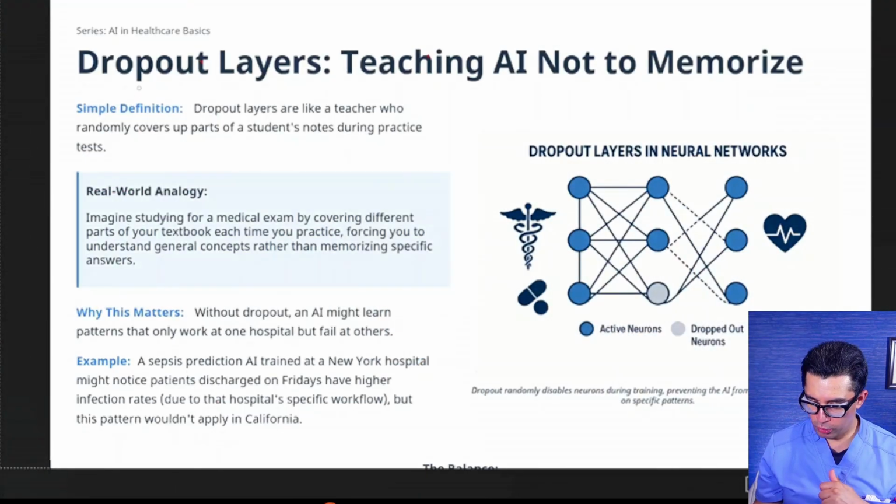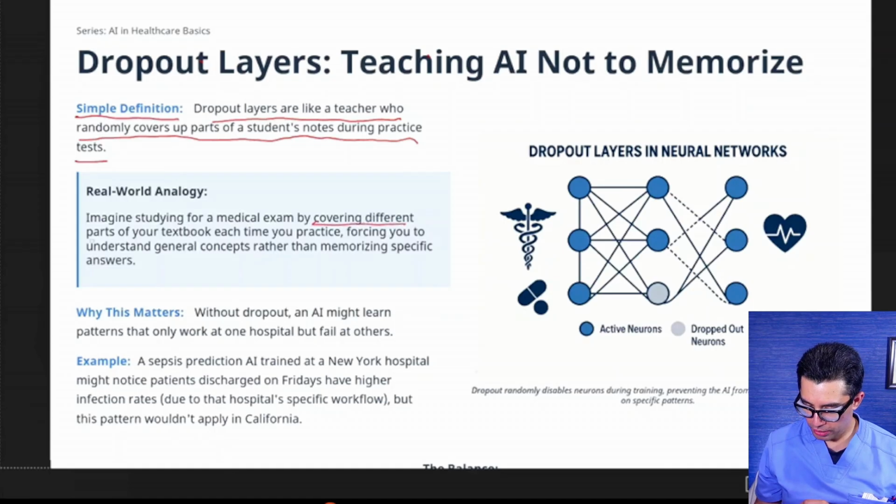Now, if we would want to provide a simple definition, dropout layers are like a teacher who randomly covers up parts of a student's notes during practice tests. When you're covering different parts of your textbook each time you practice, it forces you to understand general concepts rather than memorizing specific answers.